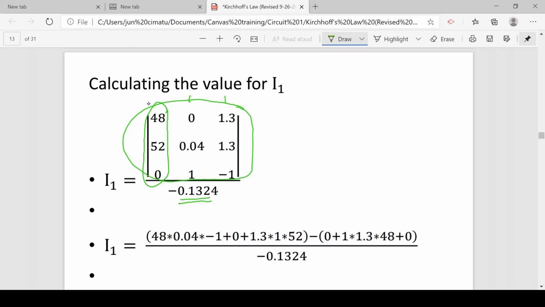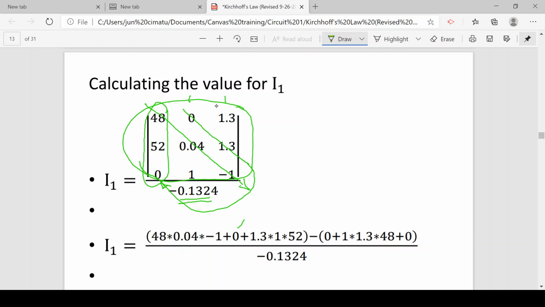Now, to get the determinant of the numerator, we go first at the main diagonal going downward, multiply these coefficients, and then at the upper triangular matrix, multiply the two coefficients and one at the lower triangular matrix, which is 0. So this makes the value 0.